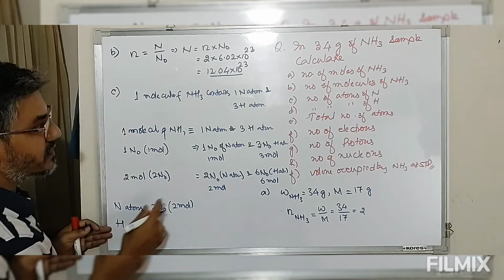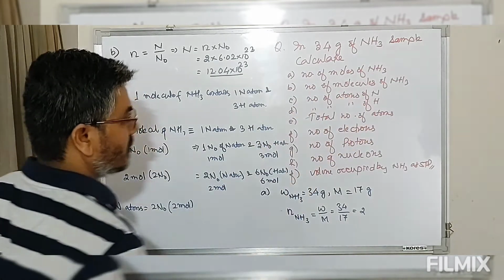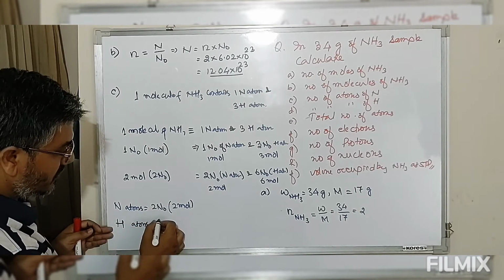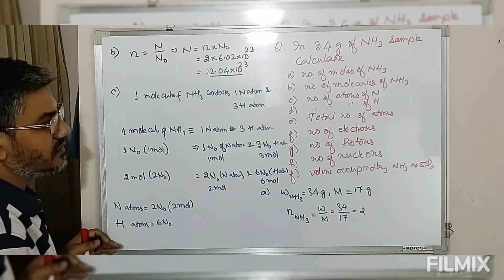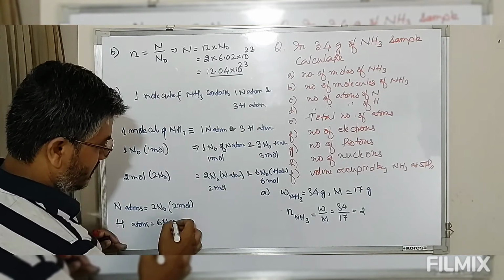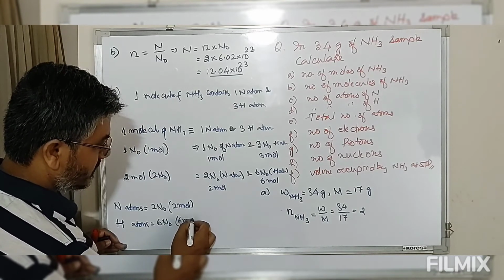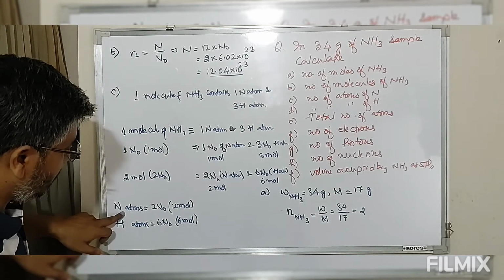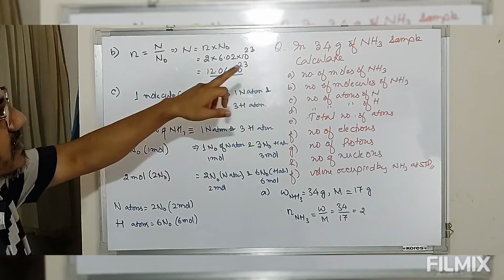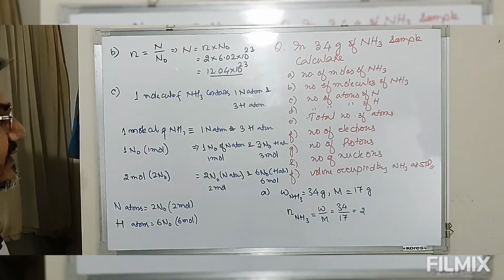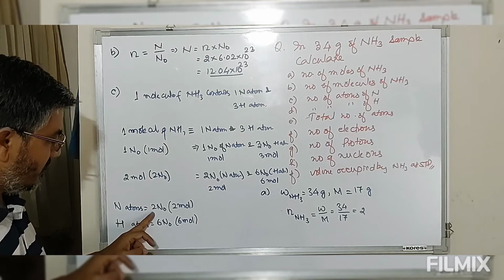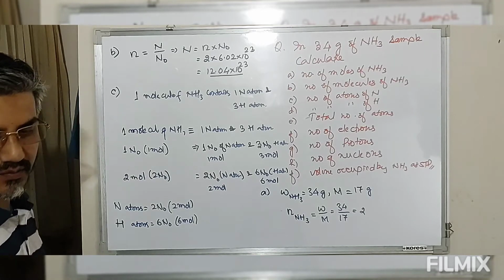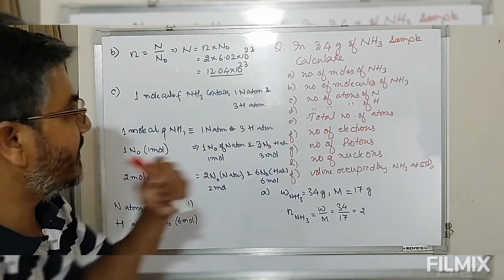And in the third case we have to find the number of hydrogen atoms also. So the number of hydrogen atoms is equal to 6 Avogadro number, that is 6 mole. So these are the numbers of nitrogen atoms and hydrogen atoms present in 34 gram of NH3. Now we again have to find the total number of atoms.